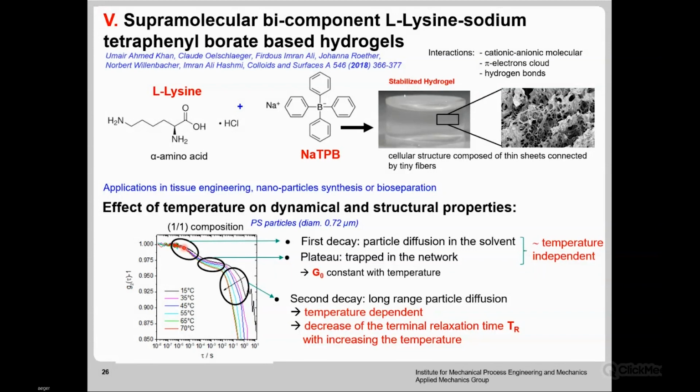Basically the short time measurements are independent of temperature, so the elasticity of the system stays constant when increasing the temperature. But at longer times, which correspond to long-range particle diffusion, this range depends on temperature. So increasing the temperature decreases the relaxation time of the chains which compose the gel. So DWS also worked well to monitor changes with temperature for this type of gel.